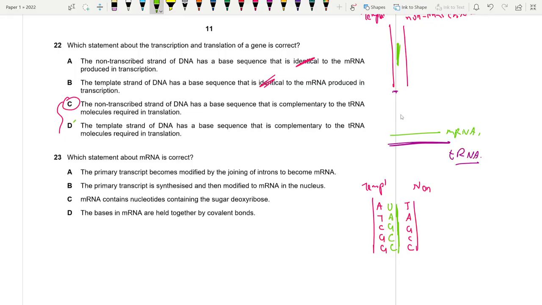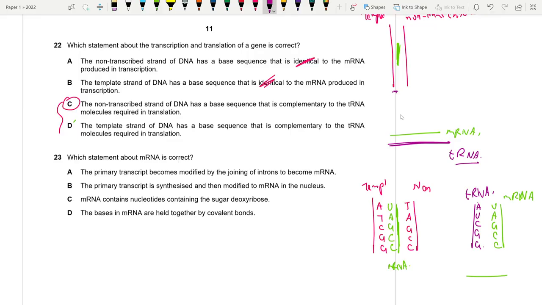Okay, so this is the mRNA basically. Now, suppose this is the mRNA, UAGCC. Let's get the tRNA in. The tRNA is basically AUCGG. So this tRNA molecule, who is it actually complementary to?